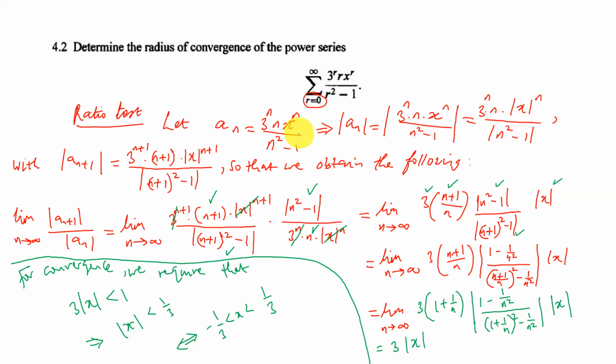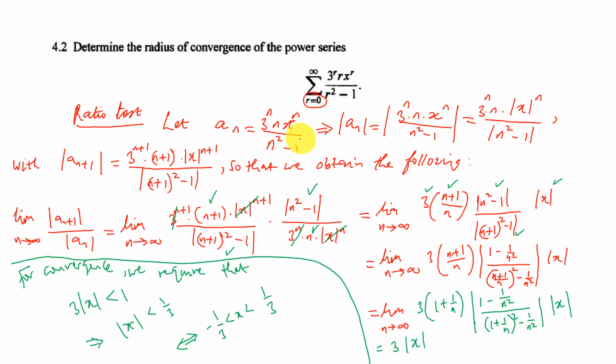It means we do not put the modulus around the n, it is pointless. We can put it, but x is a variable, so the variable x can be negative because it's a real number. As a consequence, we put the modulus around x.